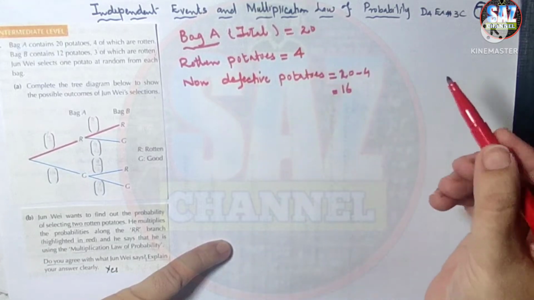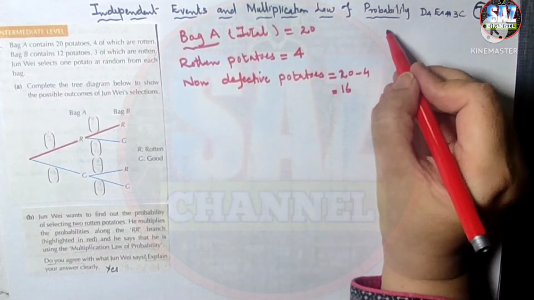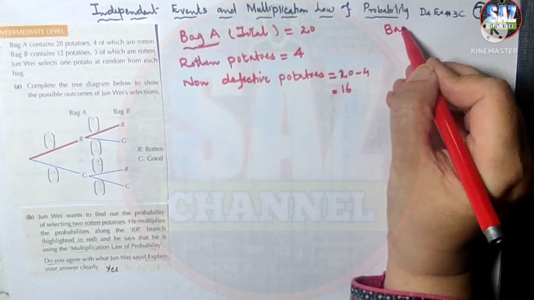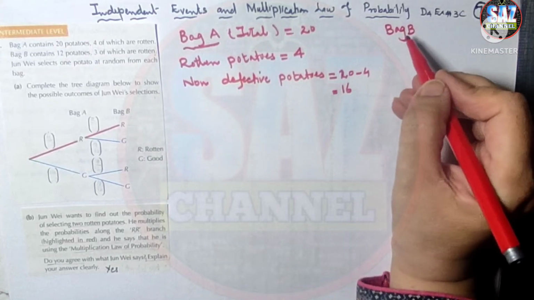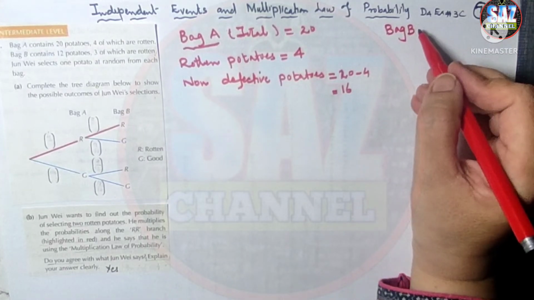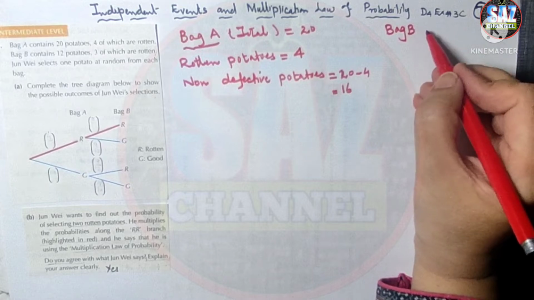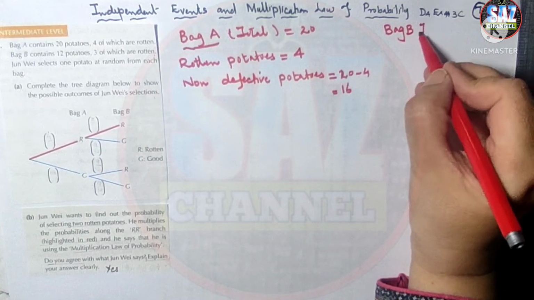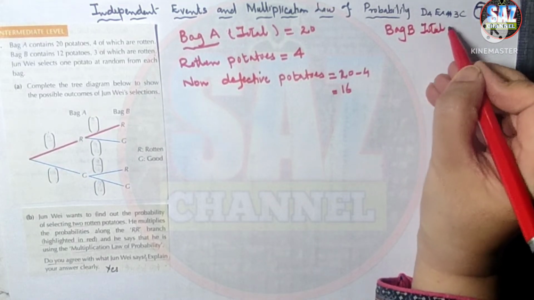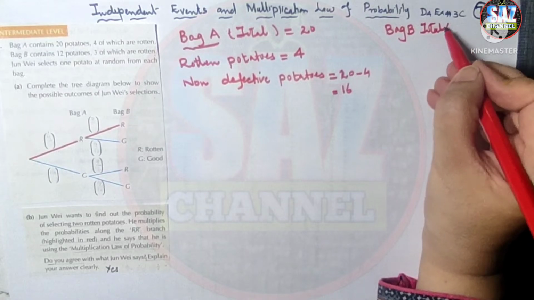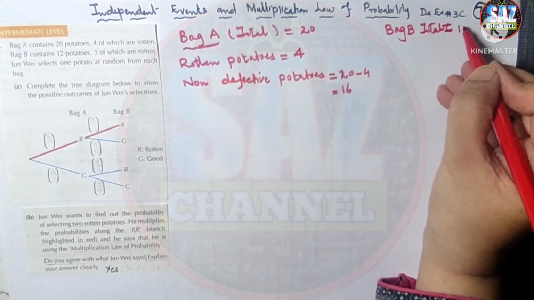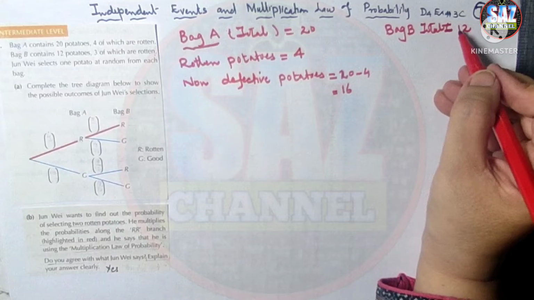Now, let us talk about bag B here. How many total potatoes are there in bag B? Bag B contains 12 potatoes, total are 12. It is always good to write the data in small size in the beginning, in short form, and 3 of which are rotten.